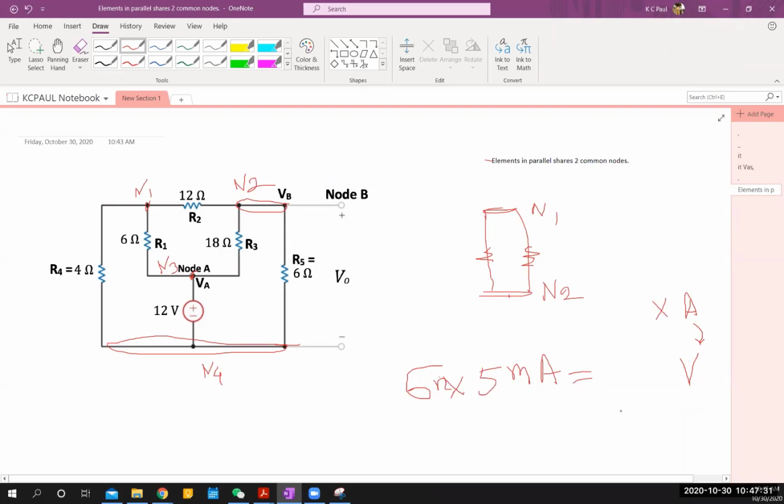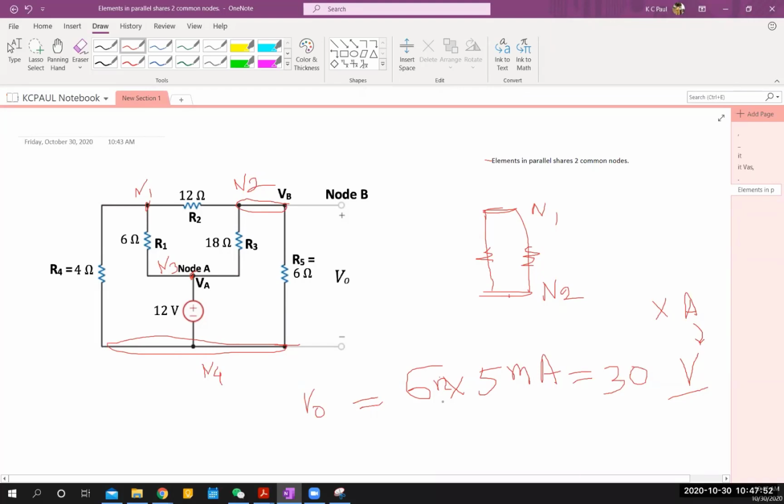So current is in ampere and you are finding the voltage VO, which should be in volts, not in ampere. So why do you make this kind of mistake? I don't understand. And another thing, 6 times 5 is obviously 30.